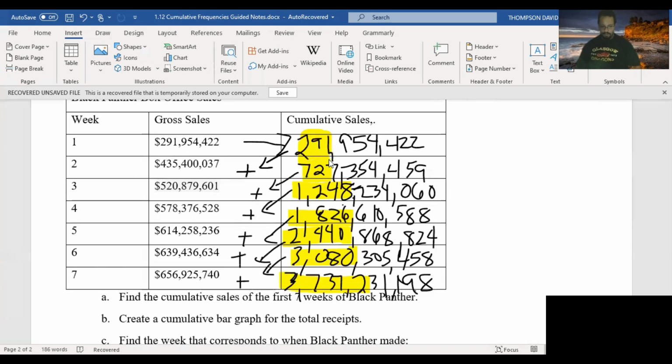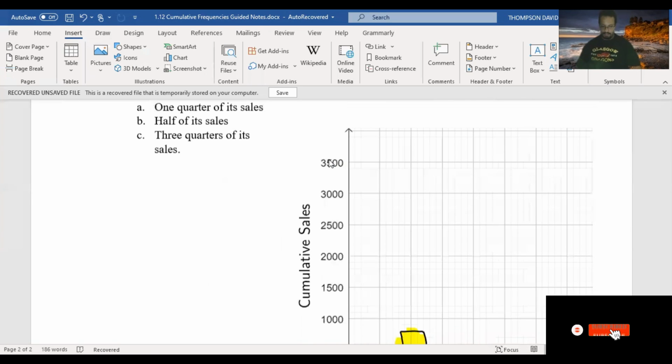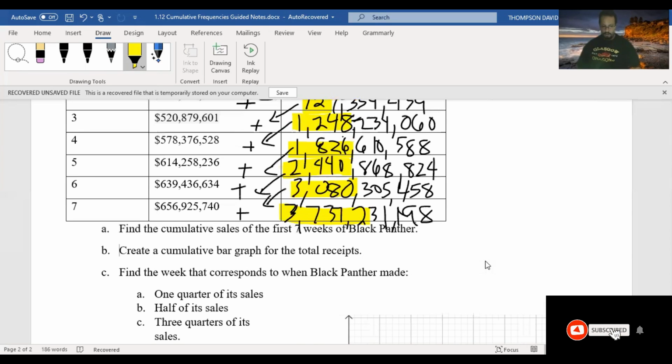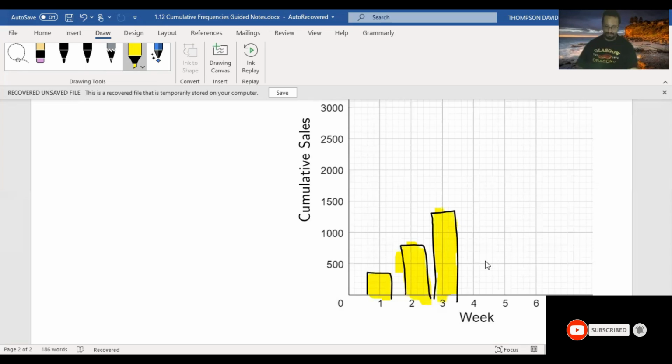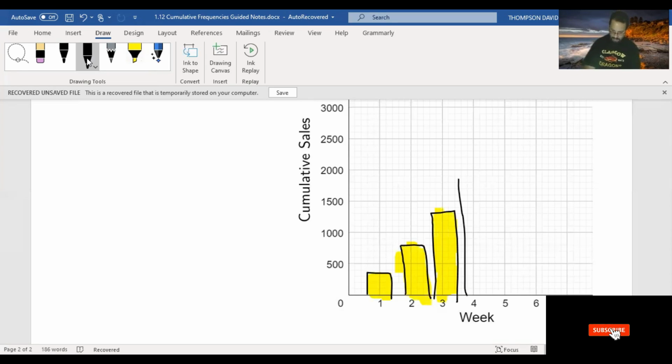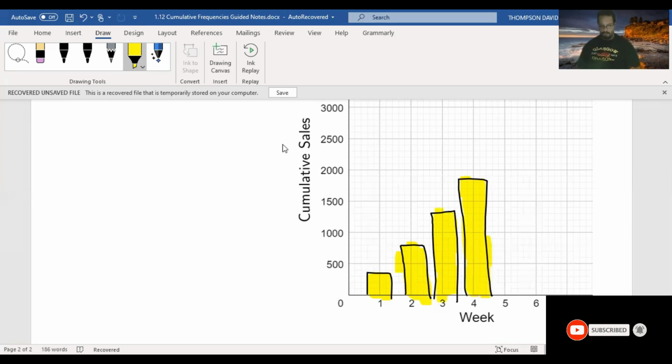For week 3, we have 1,248. For week 4, we're at 1,826. And fill it in.